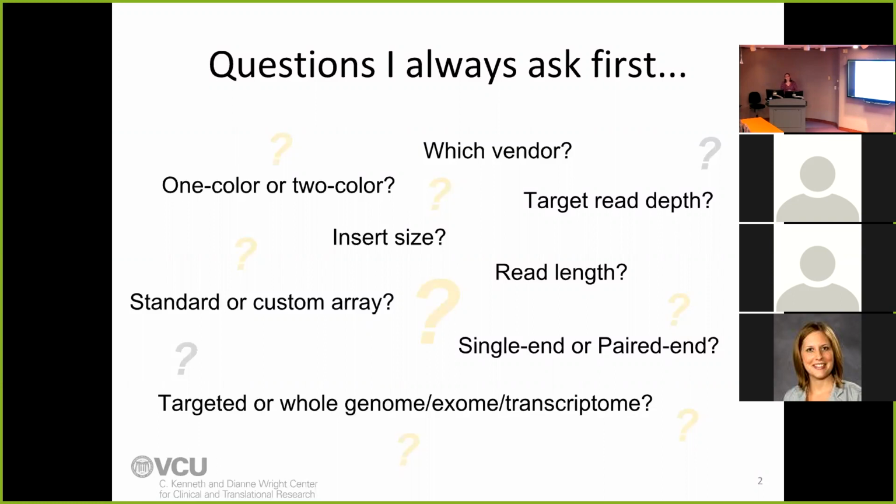When someone comes to me with a new data set, the first questions I always ask are how the data was generated, what technology it was on, and specifics that the sequencing facility can give me. That influences how I go about building my bioinformatics pipeline.